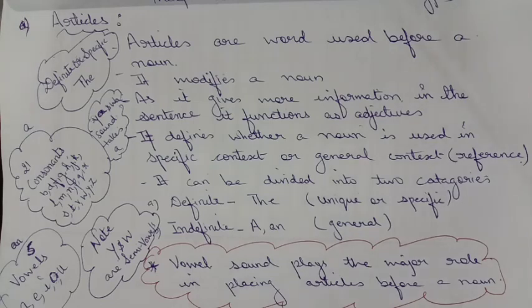I think everybody is familiar with vowels: A, E, I, O, U. These are the 5 vowels and the remaining 21 are consonants. If I ask you what the semi-vowels are, then you'll say Y and W. So go and watch the video related to articles. You will get everything more clear there.